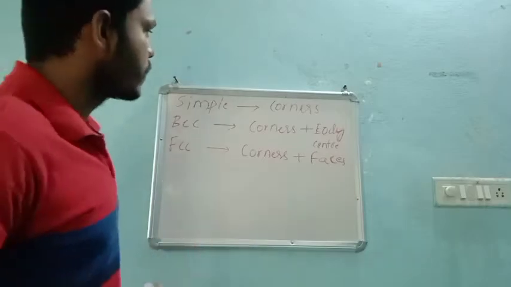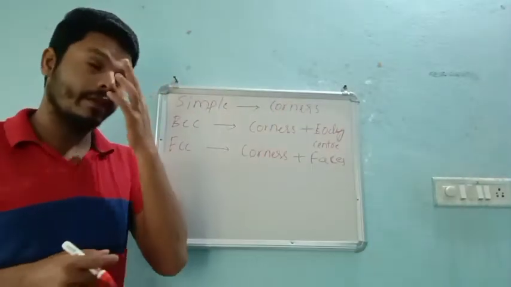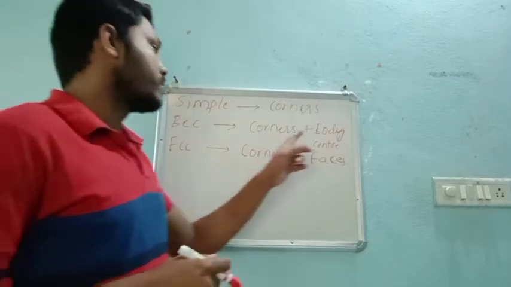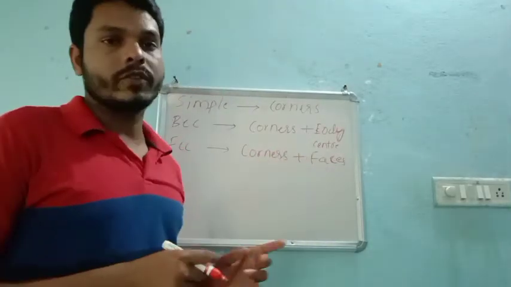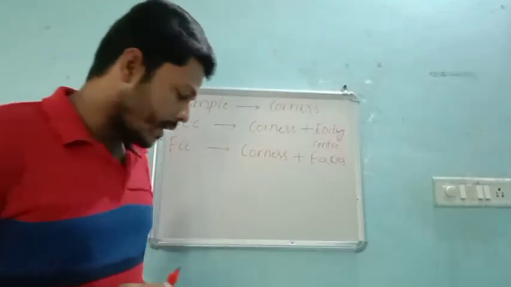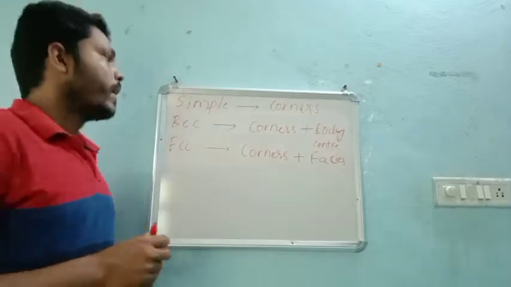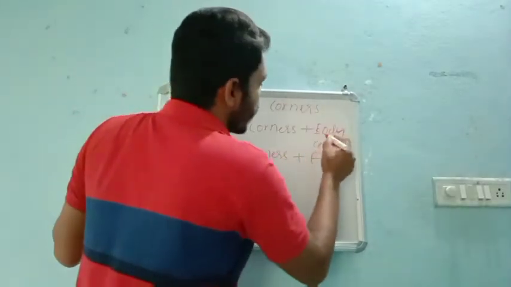We also counted the number of corners in the unit cell, I mean in the cube, as well as body center and faces. How many corners are there? Definitely there are 8 corners in any unit cell if you take one. And what about body center?